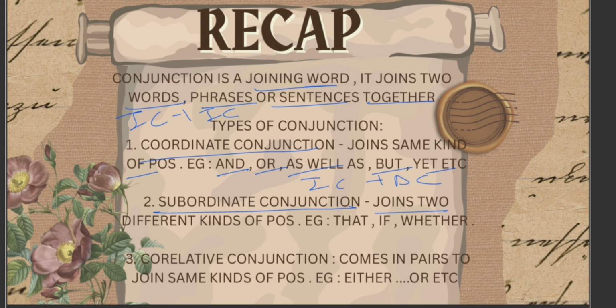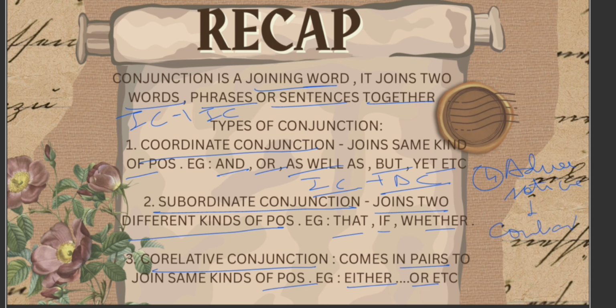It joins 2 different kinds of parts of speeches. Independent clause joined with dependent clause. That is that, if, whether. Then we have correlative conjunctions, which come in pairs, and it joins same kinds of parts of speech, like either or etc. Now we have the fourth one as adversative, which is used to show contrast.